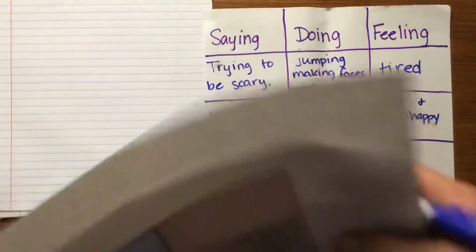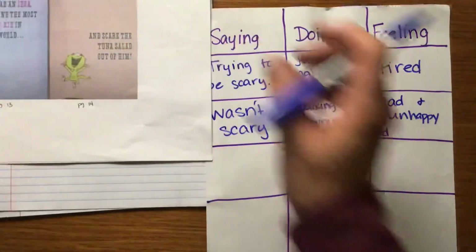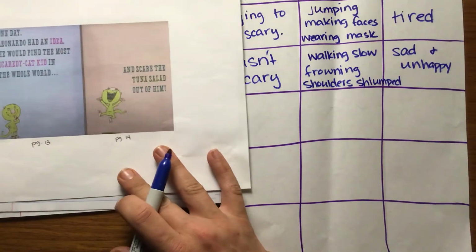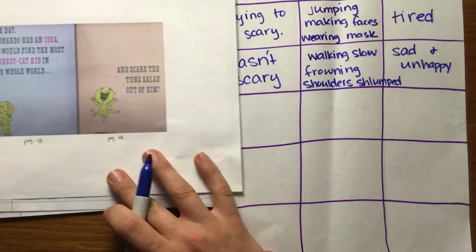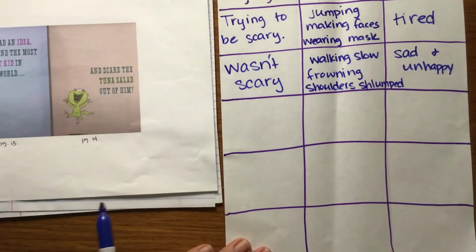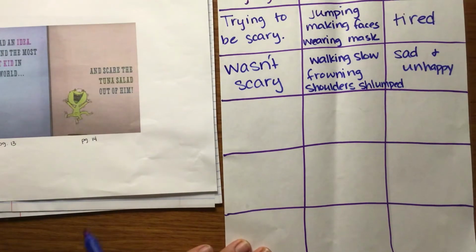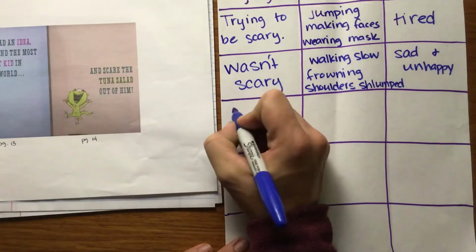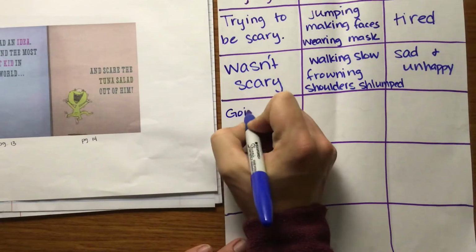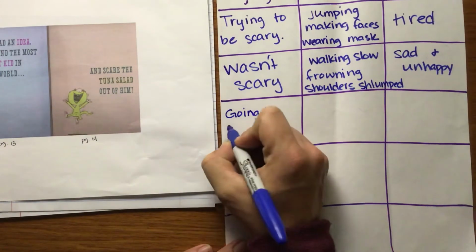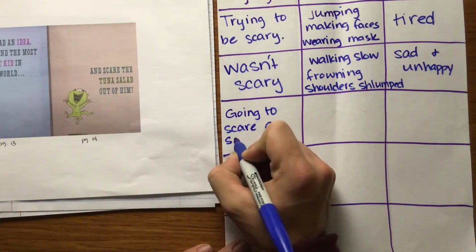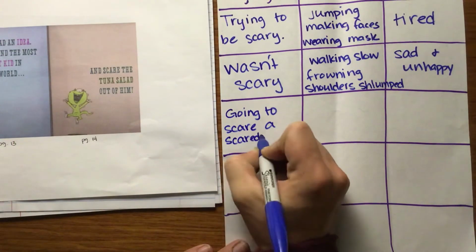In contrast, when he decides that he's going to scare the tuna salad out of the most scaredy cat kid in the whole world, he is feeling very differently. So he says that he's going to scare a kid, a scaredy cat.